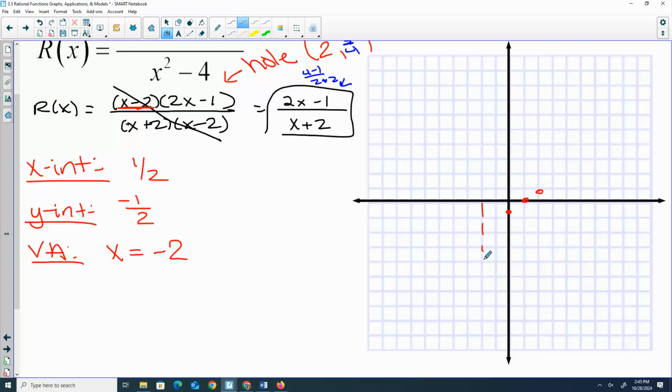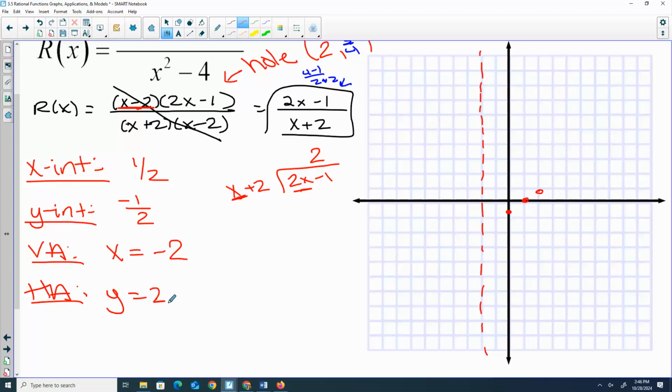So there's only one, that means there's 2 pieces to my graph, to the left and to the right. And now we decide horizontal or oblique. If you try to divide this, can you do 2x divided by x? Yep, what do we get? 2. It's just a number, so this is a horizontal, y equals 2.